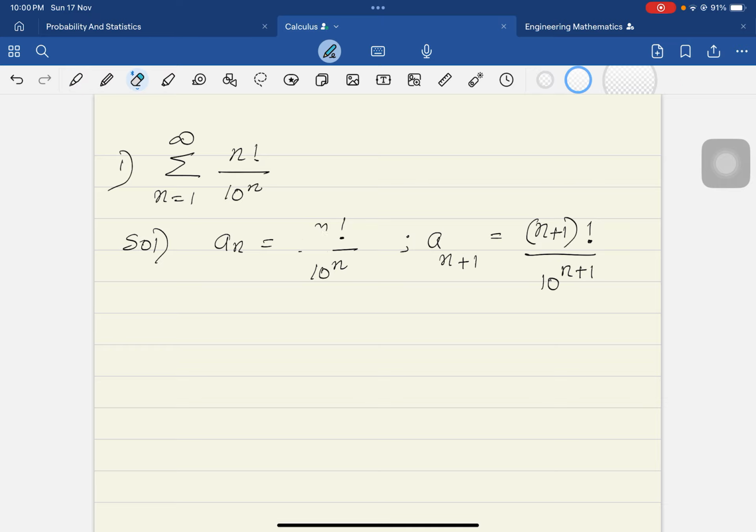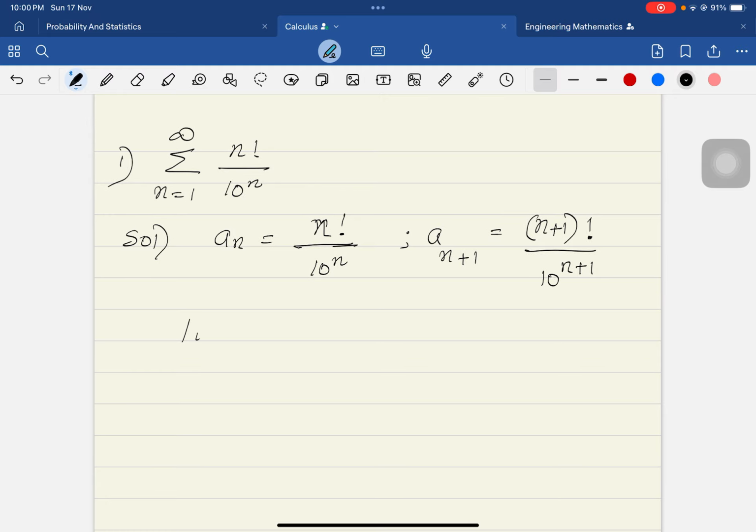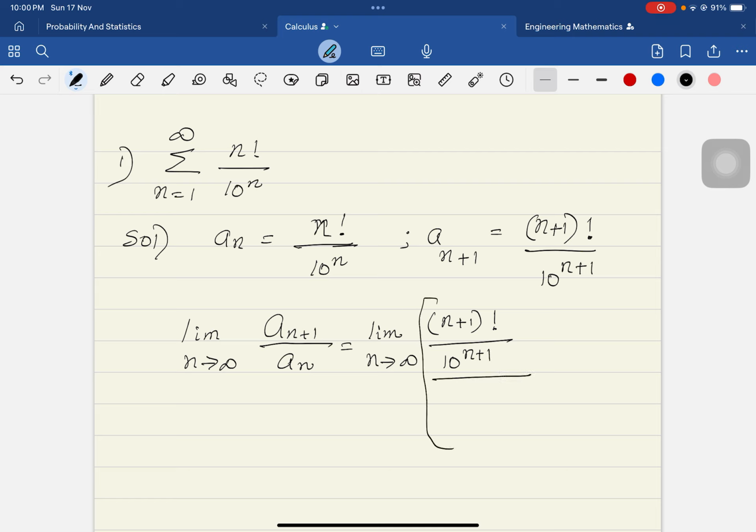Now we have to find what is the limit as n tends to infinity of a_(n+1) over a_n. a_(n+1) is (n plus 1) factorial over 10 power n plus 1, over a_n, which is n factorial over 10 to the power of n.